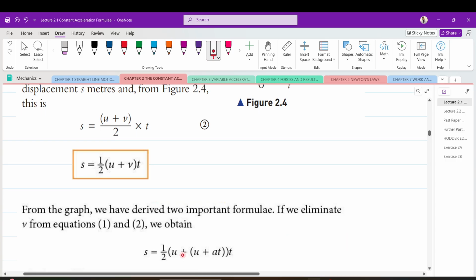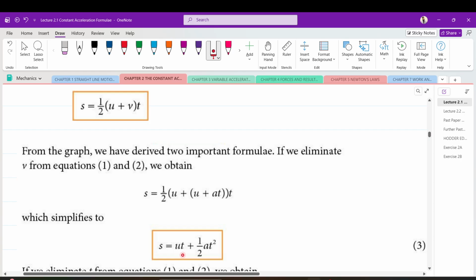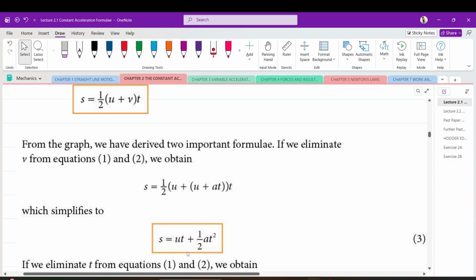So in short, this is half t times 2u plus at, and when you multiply them, you end up with this equation: s is equal to ut plus half at squared. I'll come in a bit to why we need so many equations. So this is equation number 3.